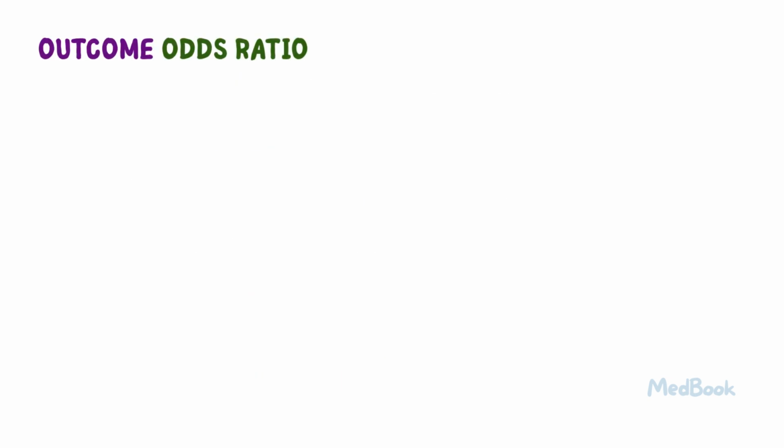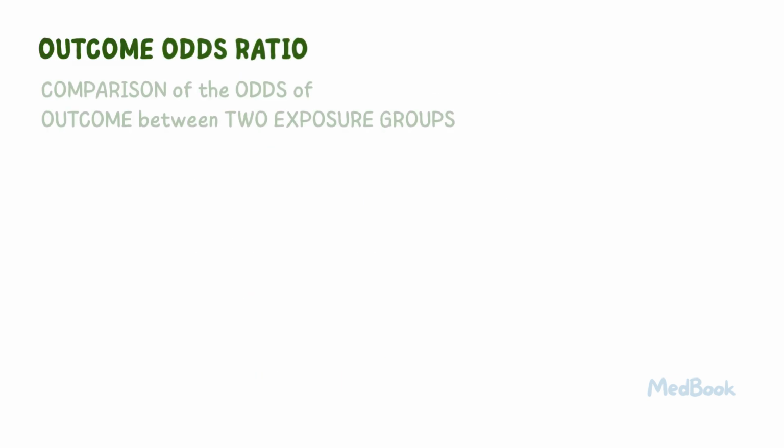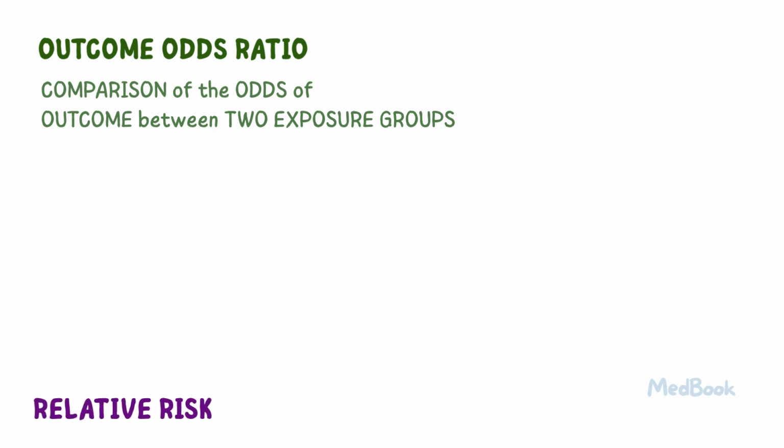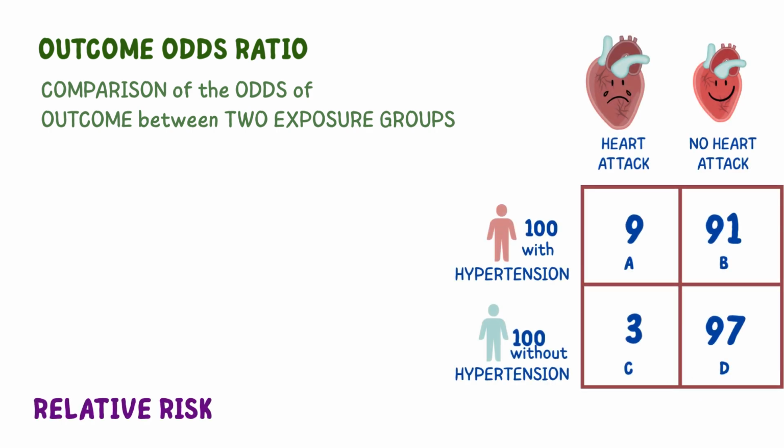One type of odds ratio is the outcome odds ratio, and it's a comparison of the odds of an outcome between one exposure group and a second exposure group. The outcome odds ratio can be used to estimate the relative risk. To calculate the outcome odds ratio, we need the odds of having a heart attack in the group with hypertension, so cell A divided by cell B, or 9 divided by 91, divided by the odds of having a heart attack in the group without hypertension, so cell C divided by cell D, or 3 divided by 97, which is equal to 3.2.